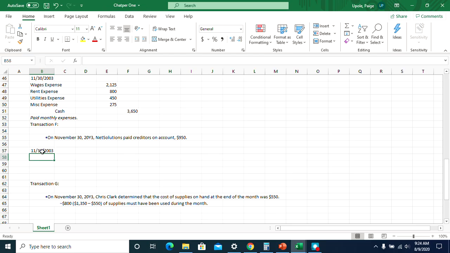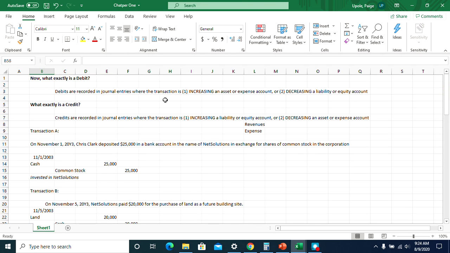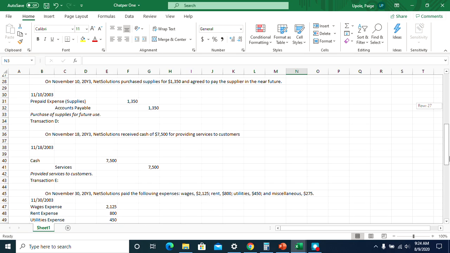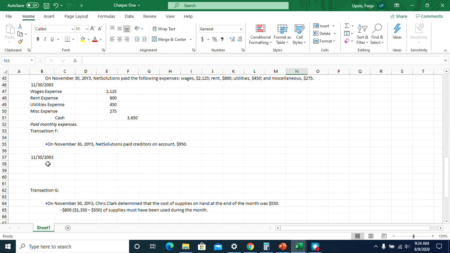All right. So we said we are reducing a liability. So if I come up here, one of the options in my definition of a debit is we debit something if we're decreasing a liability. Accounts payable is a liability. It's a promise we made to a vendor or supplier to pay them in the future.